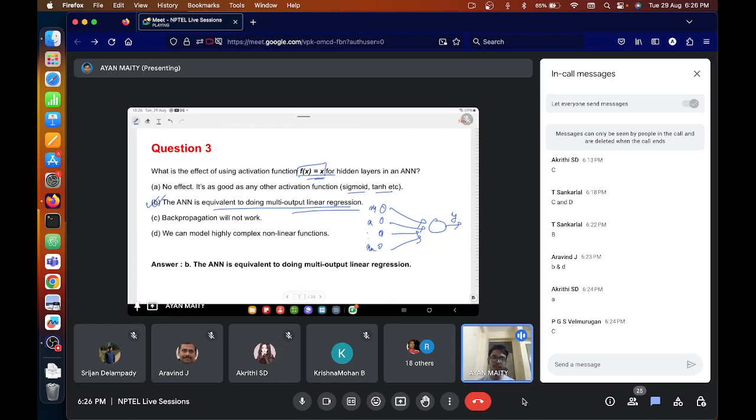If we don't use these non-linear activation functions, the neural network will not learn non-linear decision boundaries, non-linear model fitting and non-linear regression output. So the linear activation function will make the neural network completely linear in nature. The output would be completely linear, in classification and also in regression. Option B is the correct answer.